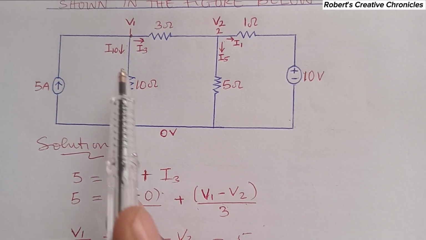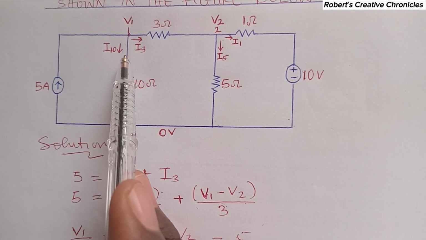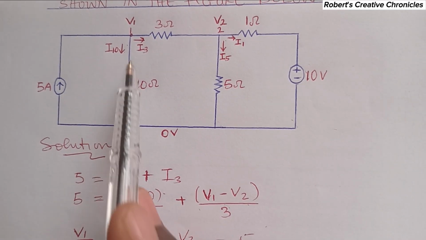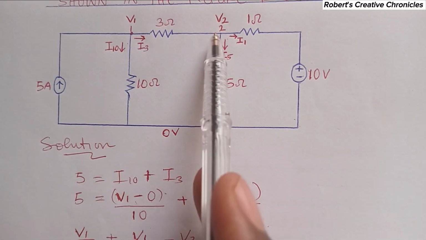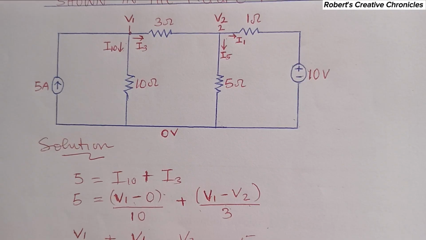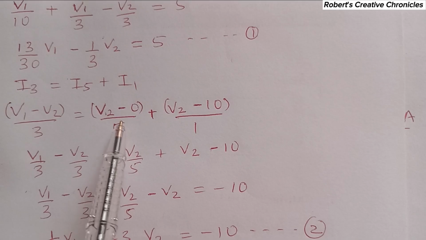The next branch, we have found the branch currents I10 and I3. Now remaining I5 and I1. So I5 is what? I5 is V2 over 5.